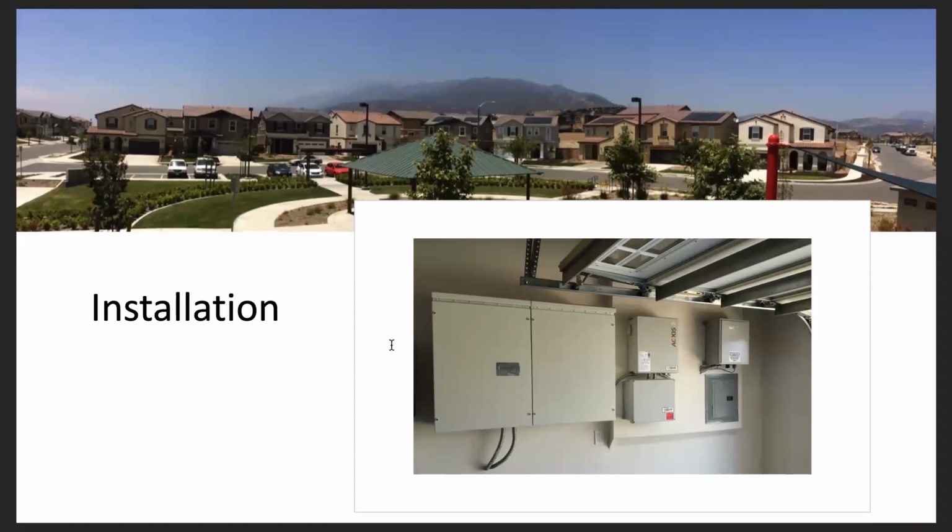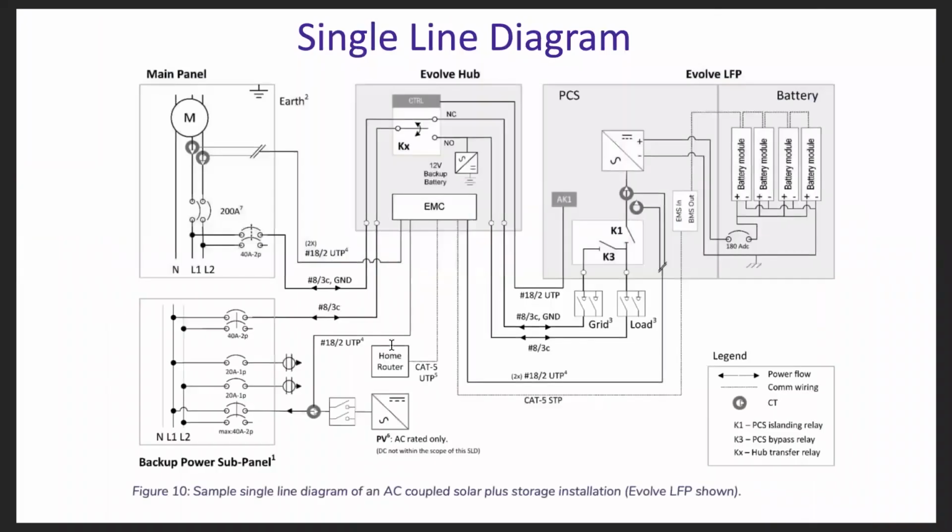Okay, now looking at installation of the system, a quick review of the single line diagram. And again, all of these graphics are taken from our installation manuals that can be found on our product webpage. This is from the Evolve Hub installation manual.